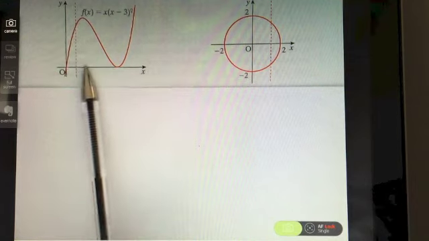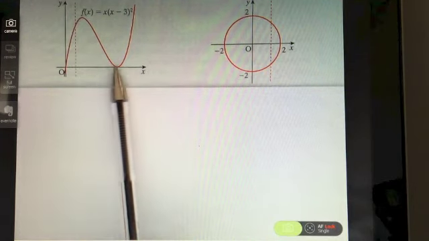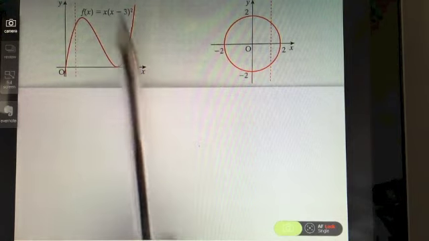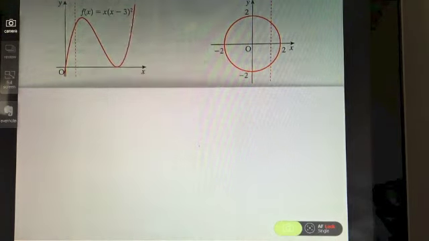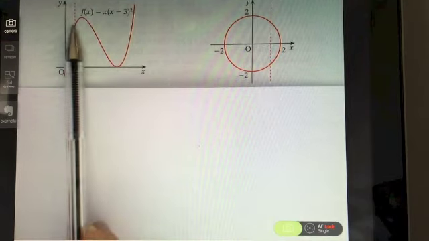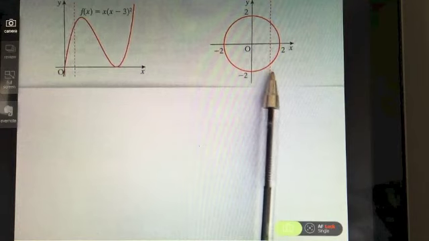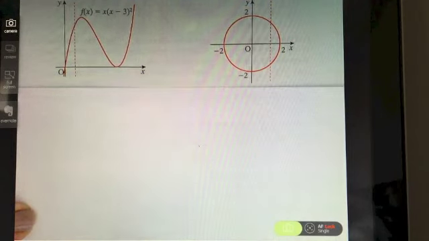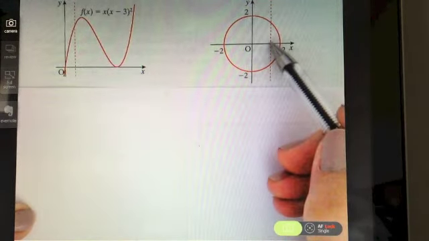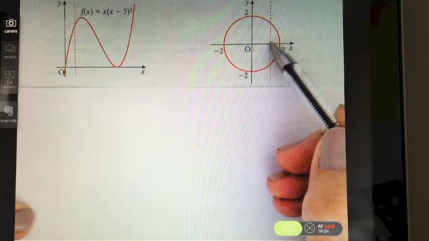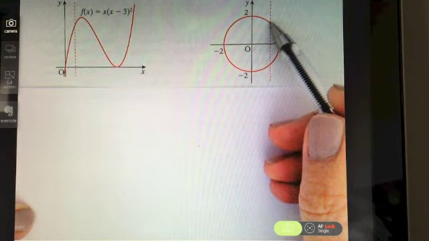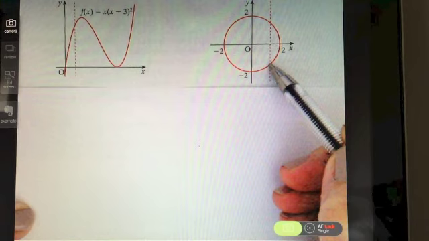If the input was here, it would produce an output there. If the input is here, it produces the output right there on the curve. If it have an input here, it produces an output up here somewhere. So through a vertical line test, you can only have that cut once. Over here, for example, where they have the vertical line drawn, that input produces this output here and an output down here.